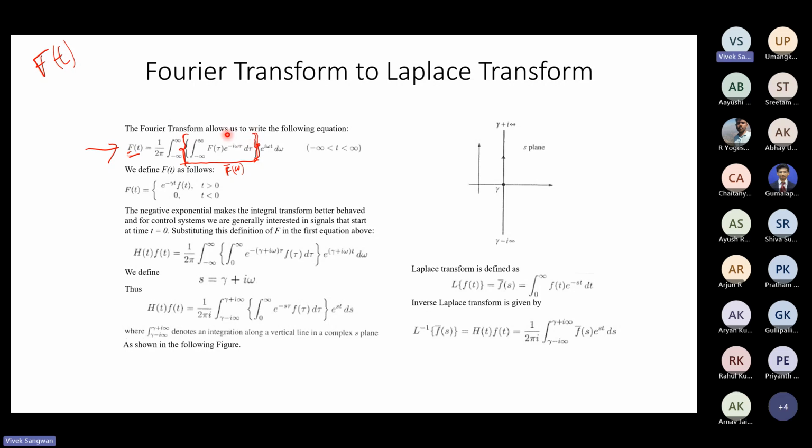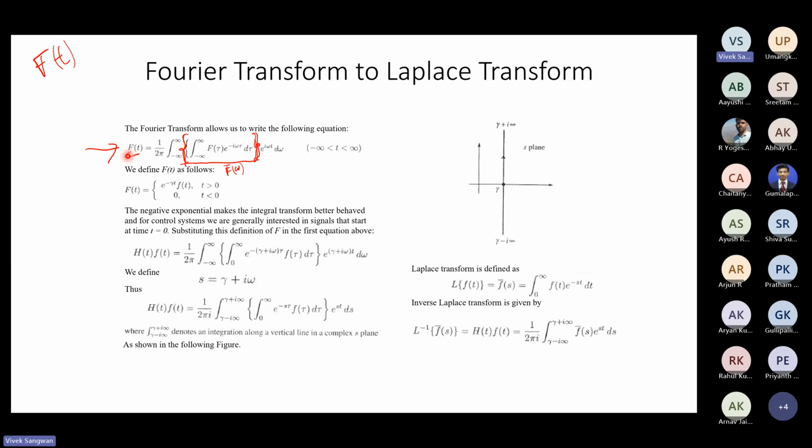To get rid of this problem, we will define this capital F(t) as a new function: e raised to the power minus gamma t times small f(t) for t greater than 0, and 0 for t less than 0. This equation written here is true for all possible capital F(t)'s.